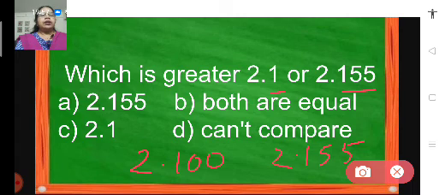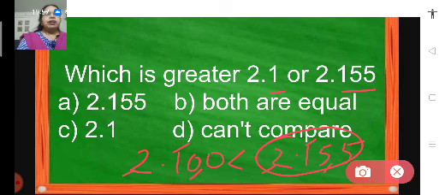Alright. Now we can compare. The numbers to the left of the decimal point are equal. The numbers in the tenths place are equal. Then we move on to the hundredths place. Here in this number we have 5 and here we have 0. So obviously this number is greater, isn't it? So 2.155 is greater.